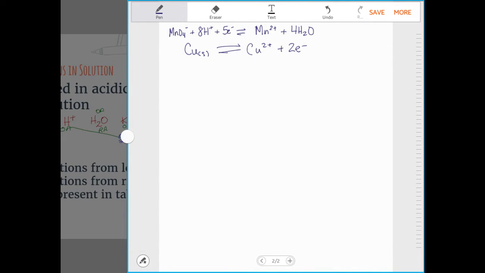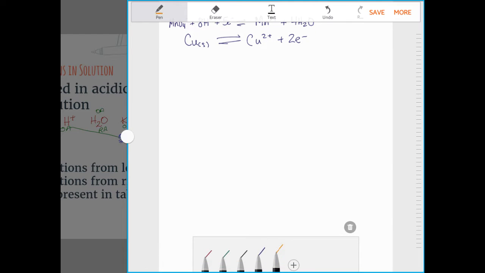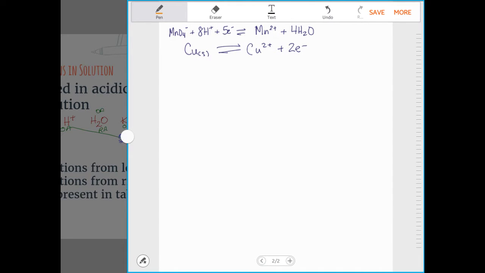I'm just going to get myself some more room. And again, the most important point when we're dealing with redox reactions is balancing our electrons. So I have 5 electrons versus 2 electrons, which means this is not yet finished.